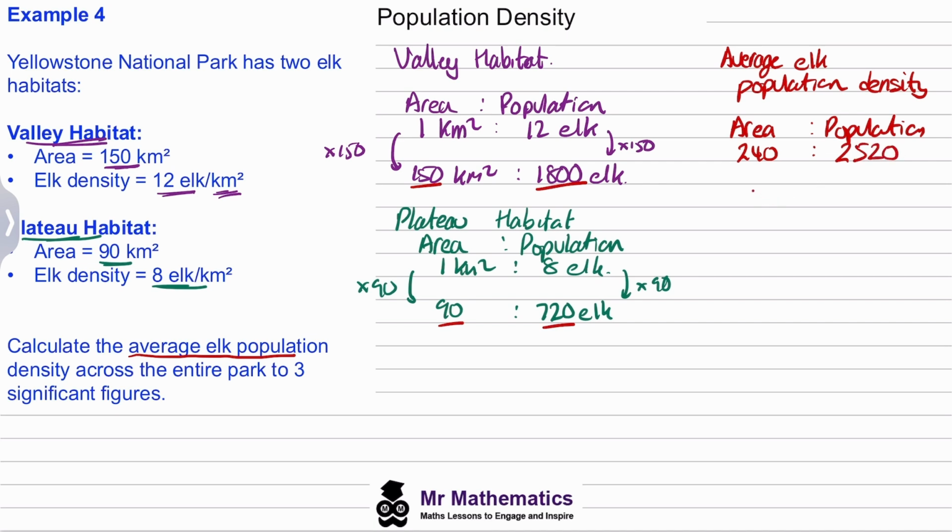So the density has a unit of 1 for the area, so we'll divide both sides by the 240, and we'll get a population of 10.5 elk for 1 kilometer squared. So this is our population density.